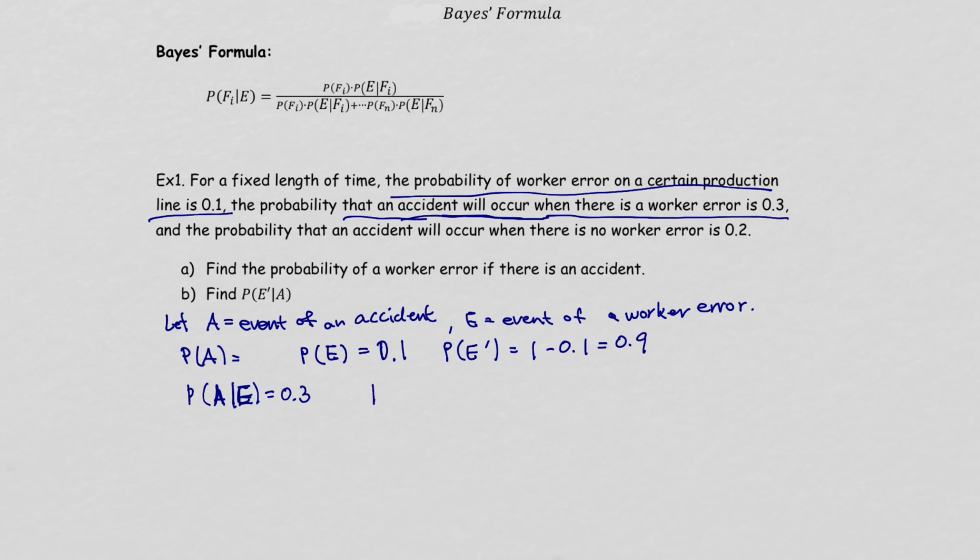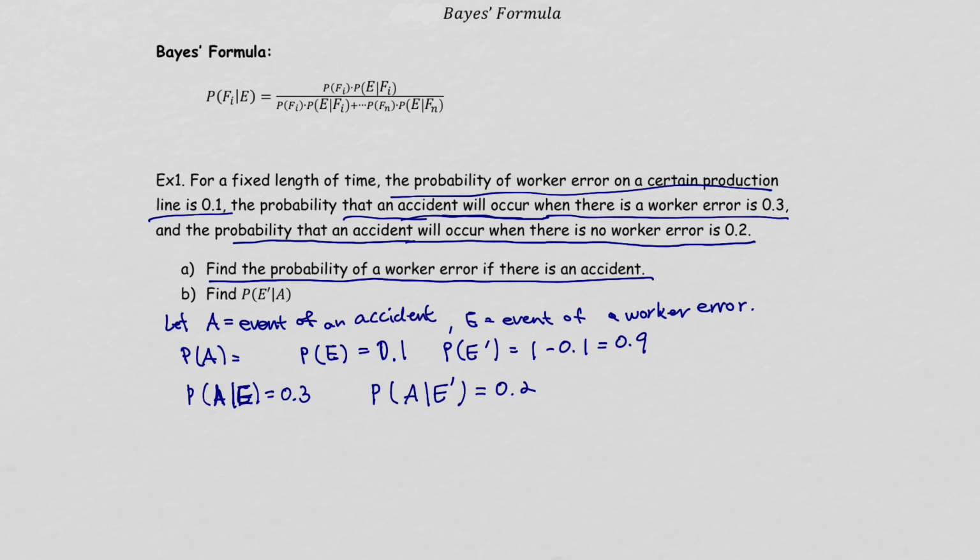And then what else is given? The probability of A given E not is 0.2. That's the probability that an accident will occur when there is no worker's error. So this is all given. But what are they asking you to find? Find the probability of worker's error if there is an accident.